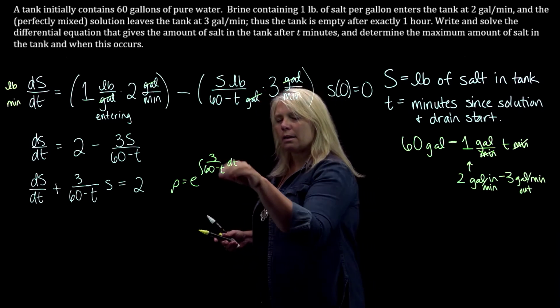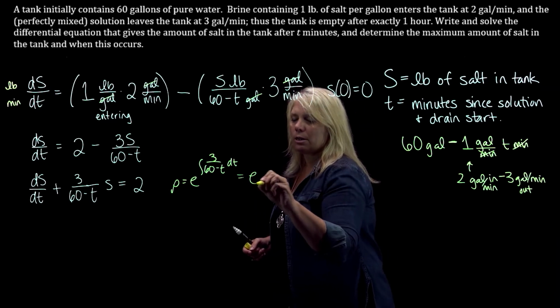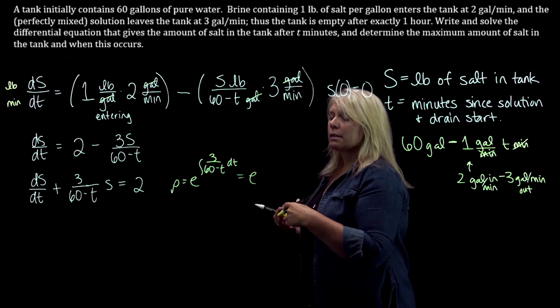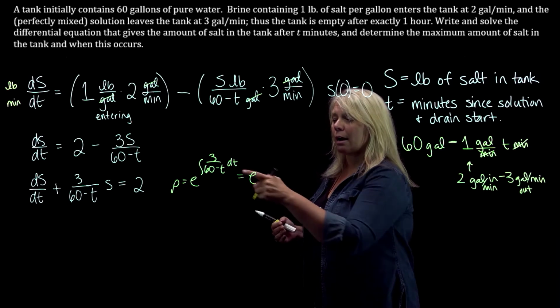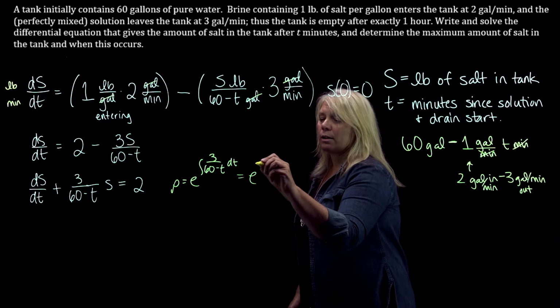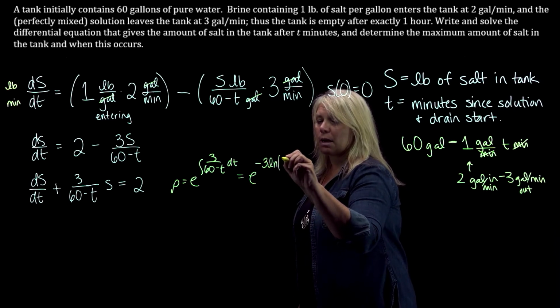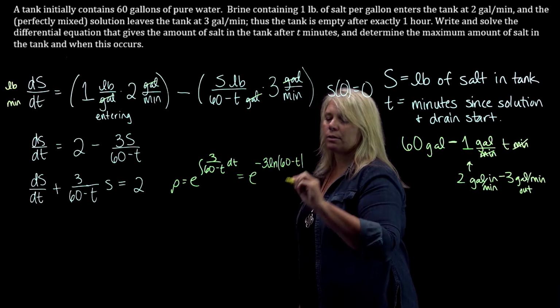So technically there's a little u substitution there when you do that. So you'll get e to the 3 times the natural log of 60 minus t all over -1. So we'll make that -3 ln of 60 minus t, technically absolute values there.